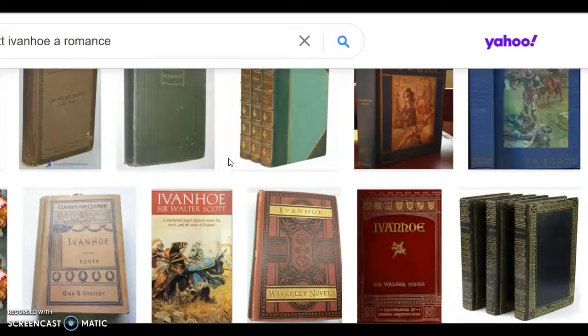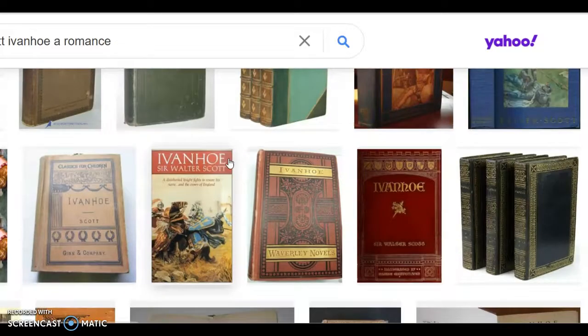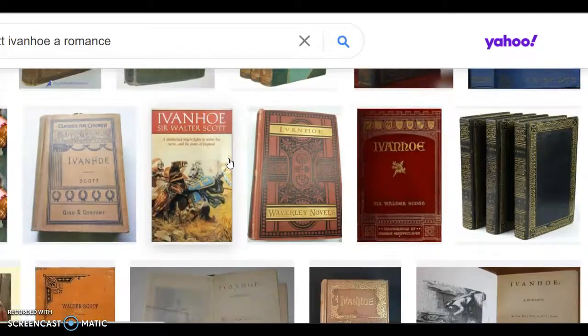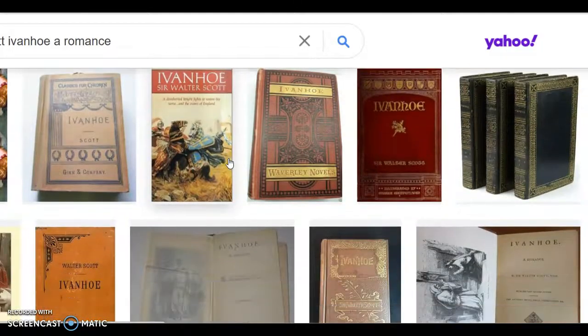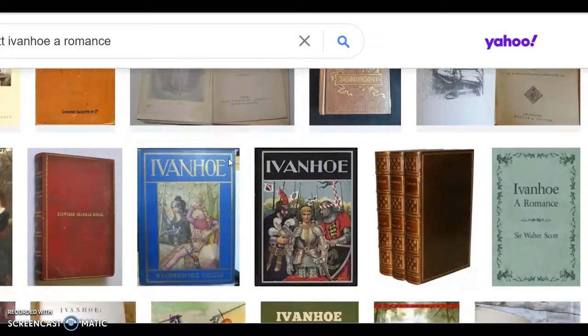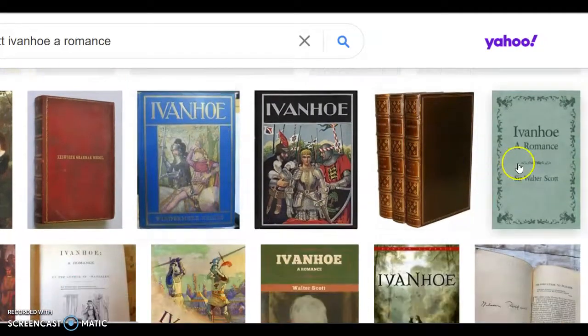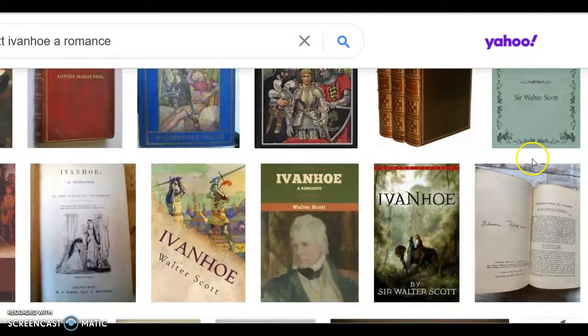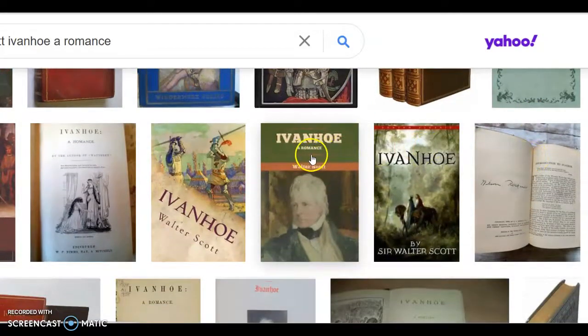So we've seen the Romanesque art there, and the Norman as well is basically the same as Roman. So now we'll come to Ivanhoe, and Ivanhoe is the Romance. It's titled Ivanhoe Romance, by Walter Scott.